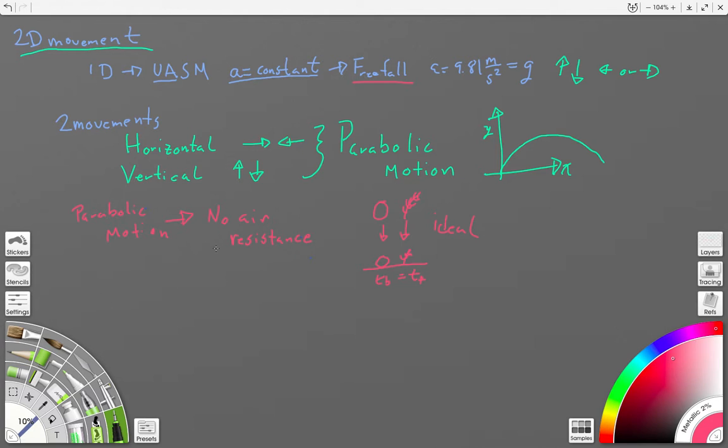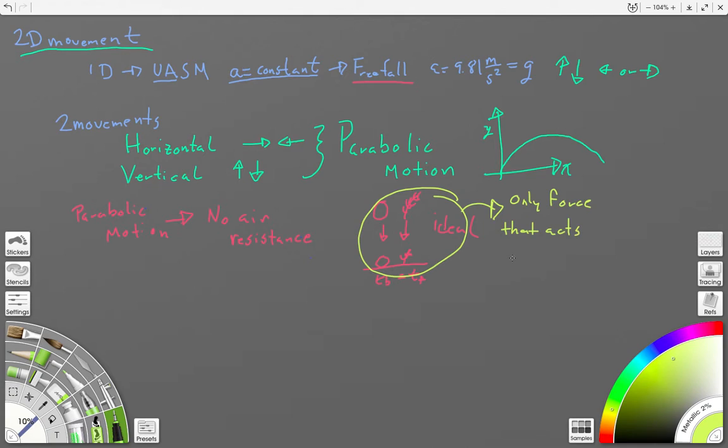This in turn means that the only force that acts on the object is gravity. So that is the idealization we will be working with.